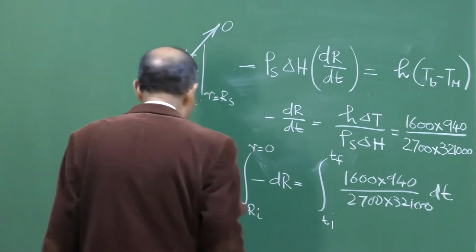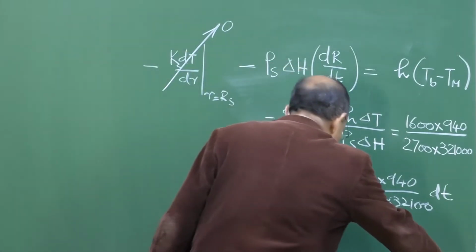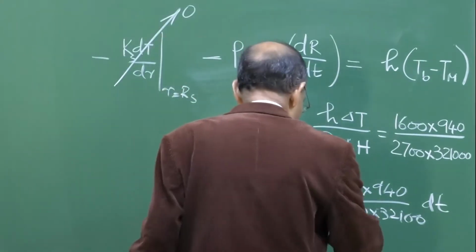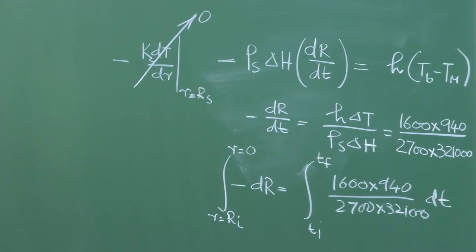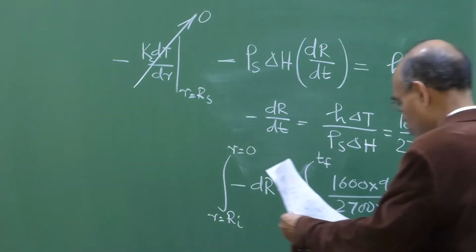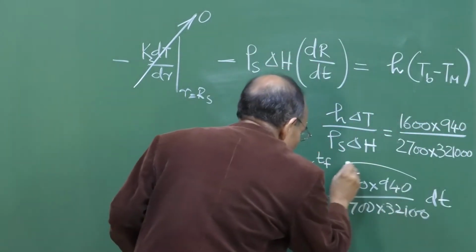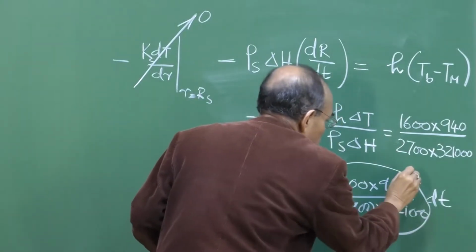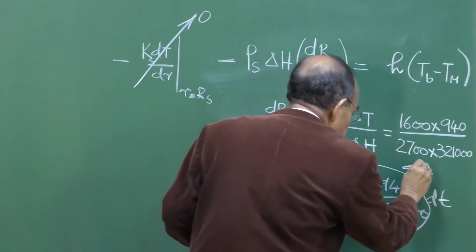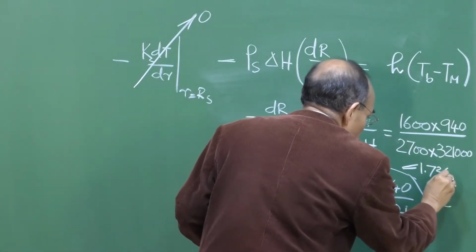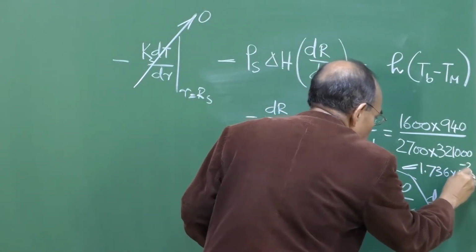And so, therefore, you can now see that the right hand side, this parameter comes out to be how much? This is equal to 1.736 into 10 to the power minus 3, that is the value.